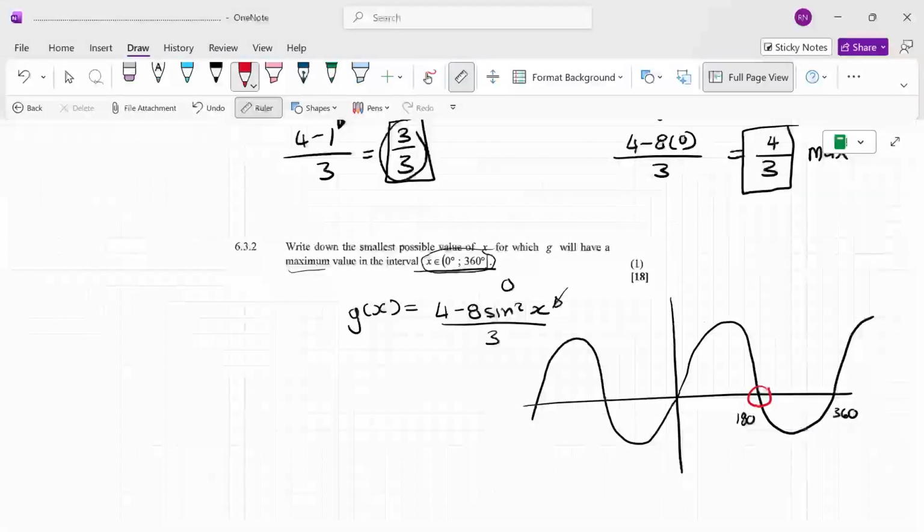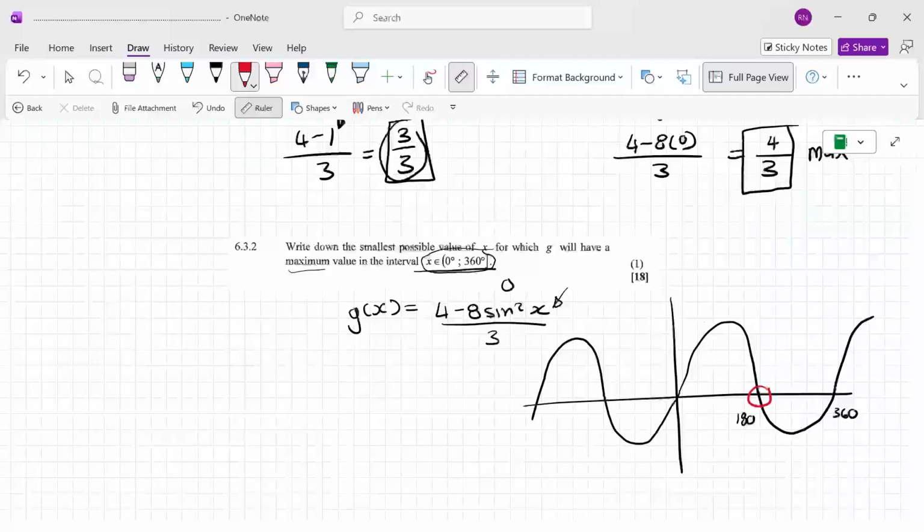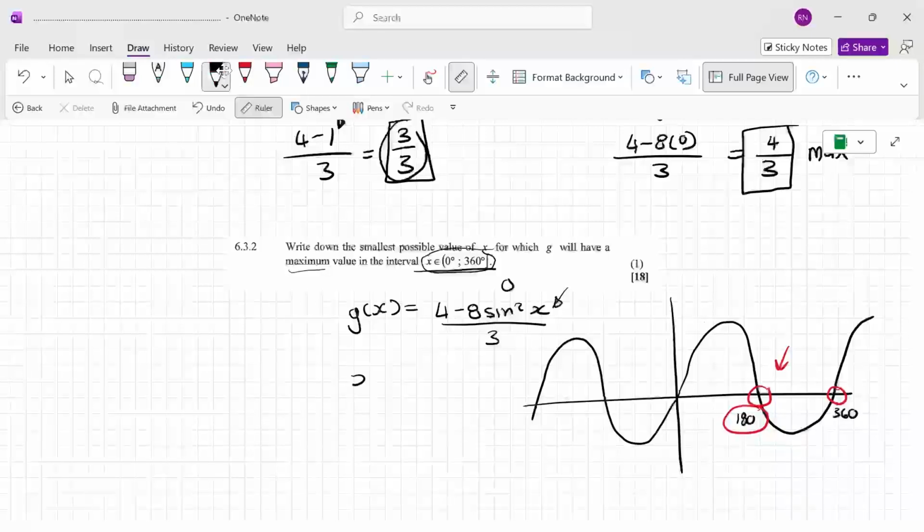We said g of x is a maximum if sine x is equal to 0. Where is sine x equal to 0 between 0 and 360? It happens twice, but the smallest one is 180. So x is equal to 180.